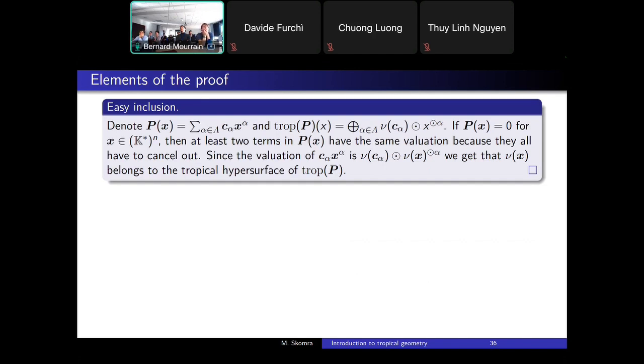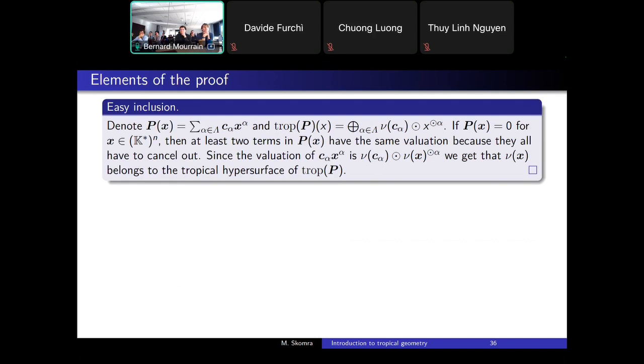So in particular, there are at least 2 terms that have the smallest valuation. Because if I have a single term with the smallest valuation, then it cannot cancel with anybody in any way. So I have to have at least 2 in order to achieve cancellation.